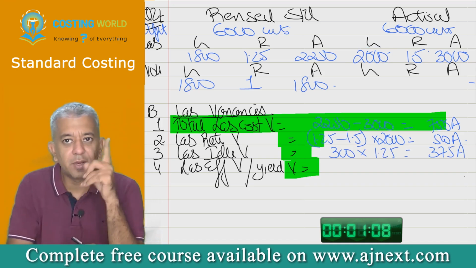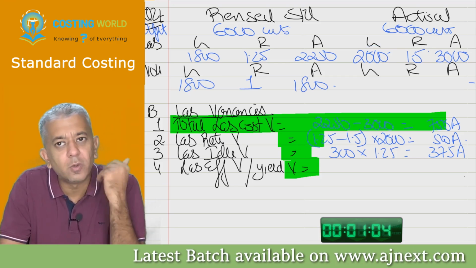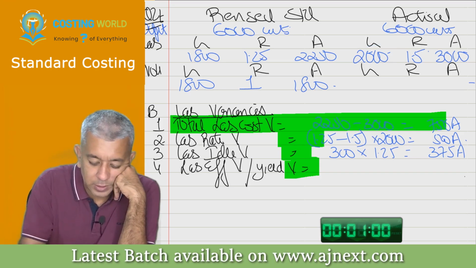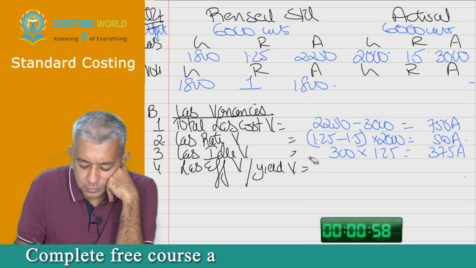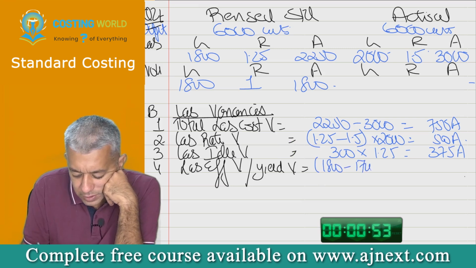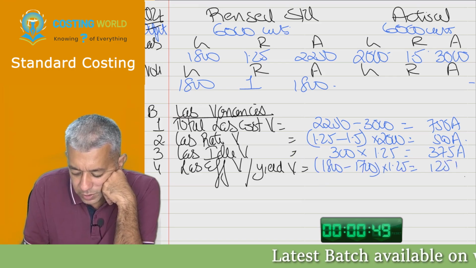Once your idle time variance is over, hours paid for will get converted into hours worked, correct? So in this particular case, it will be 1800 hours minus 1700 hours into 1.25. This is 125 favorable.